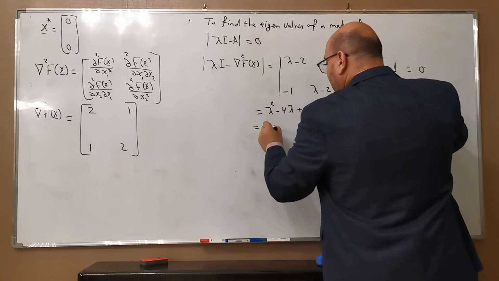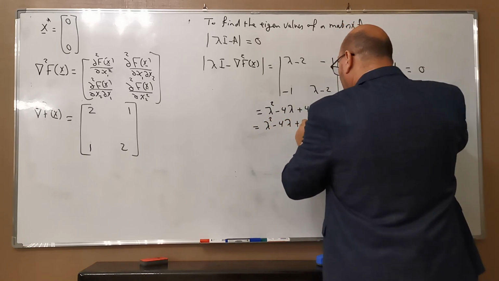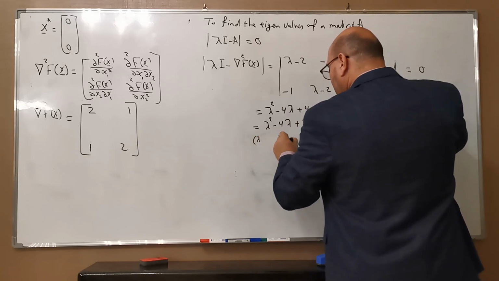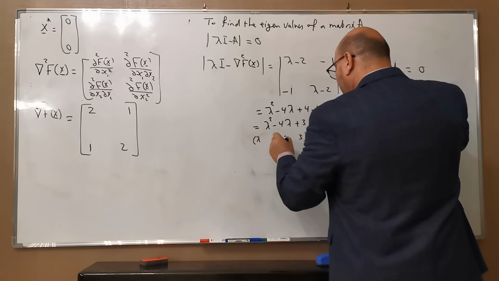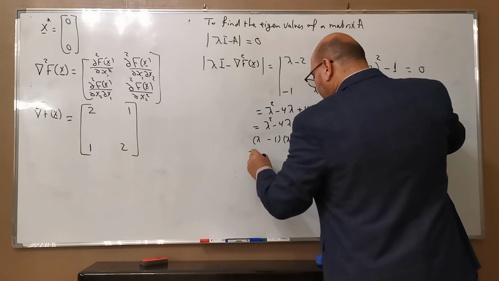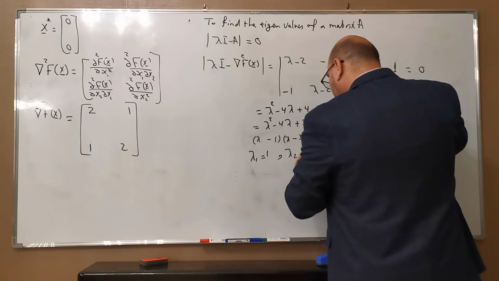So you have lambda squared minus 4 lambda plus 3 equals 0, which factors as lambda minus 3 times lambda minus 1 equals 0. So you have lambda 1 equals 1 and lambda 2 equals 3.